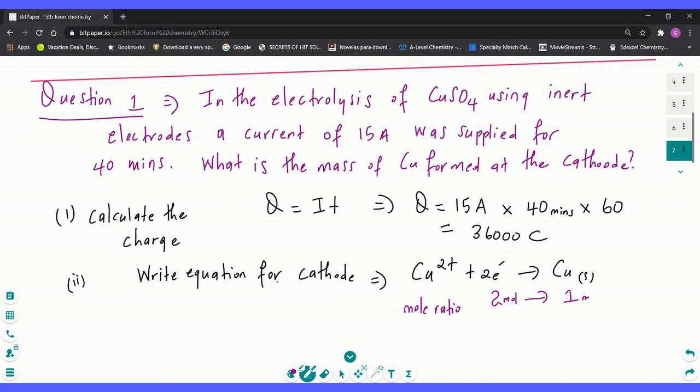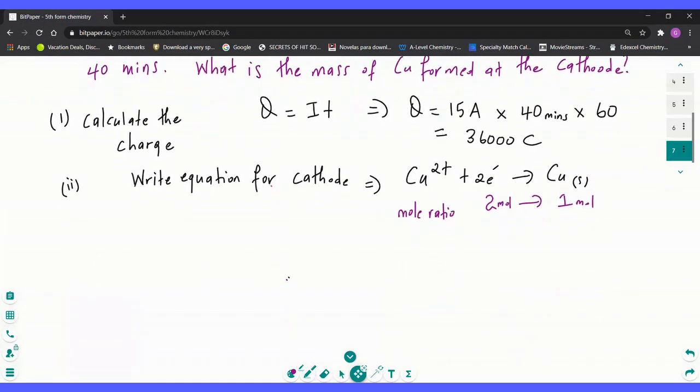Can you tell me what 1 mole of copper would weigh, based on what we learned about the RMM a while ago? 63.55 grams.